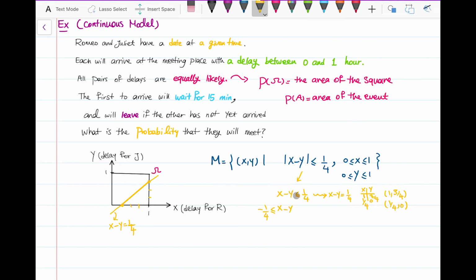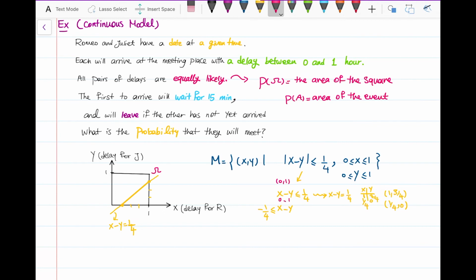Okay, now that I have the inequality, I need to see which area is this inequality. Is this the area below this line, on the line, or above the line? To find out which area is this inequality, I just need to pick a point. I'm gonna pick the point (0, 1) and plug it in.